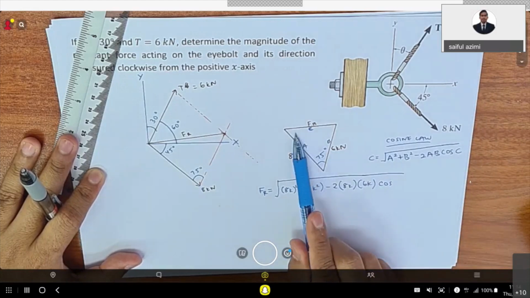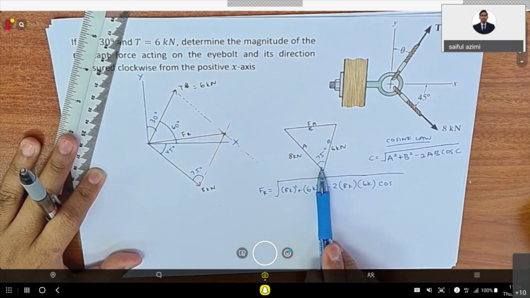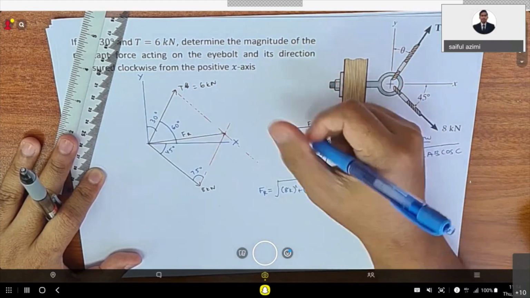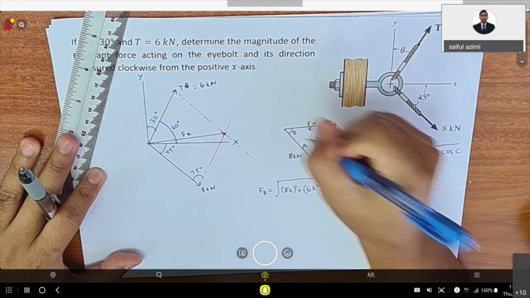So this is segment C, and the angle C is here. This is segment B, so the angle B is here.